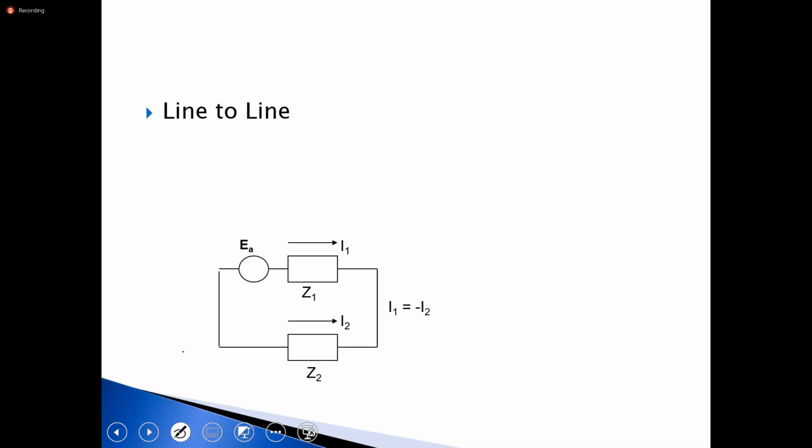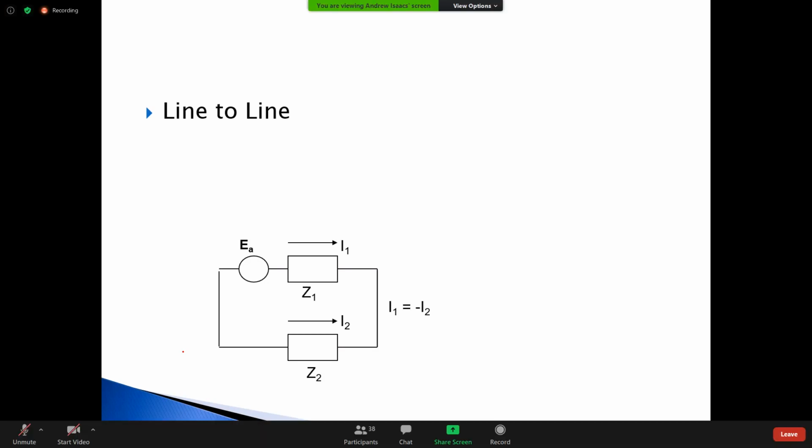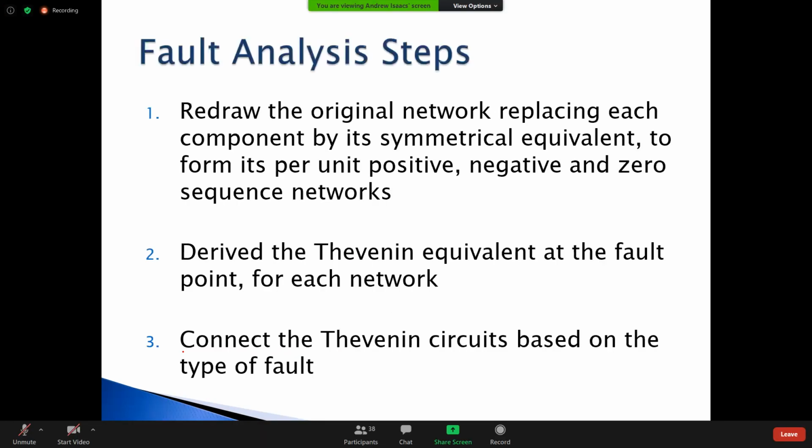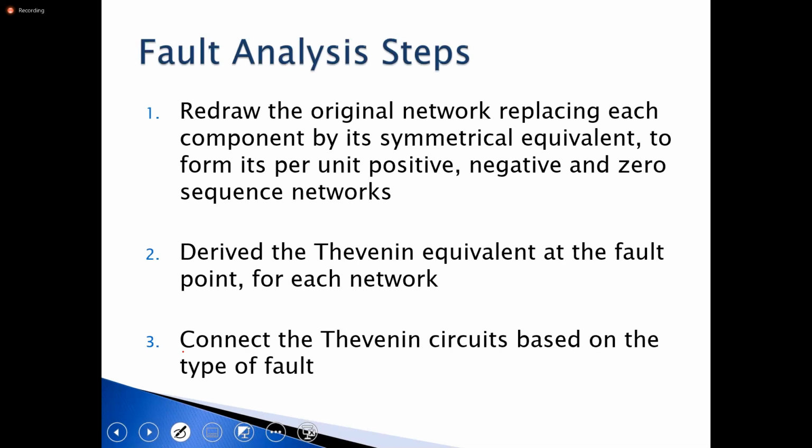So here are the steps. Now, I know it's all on the screen, but I'm going to read them anyway and try to explain them one by one.